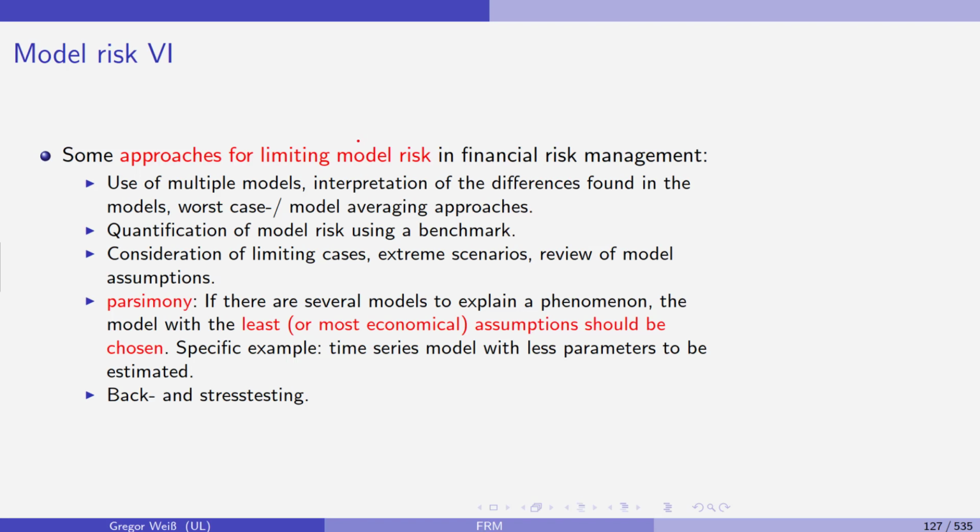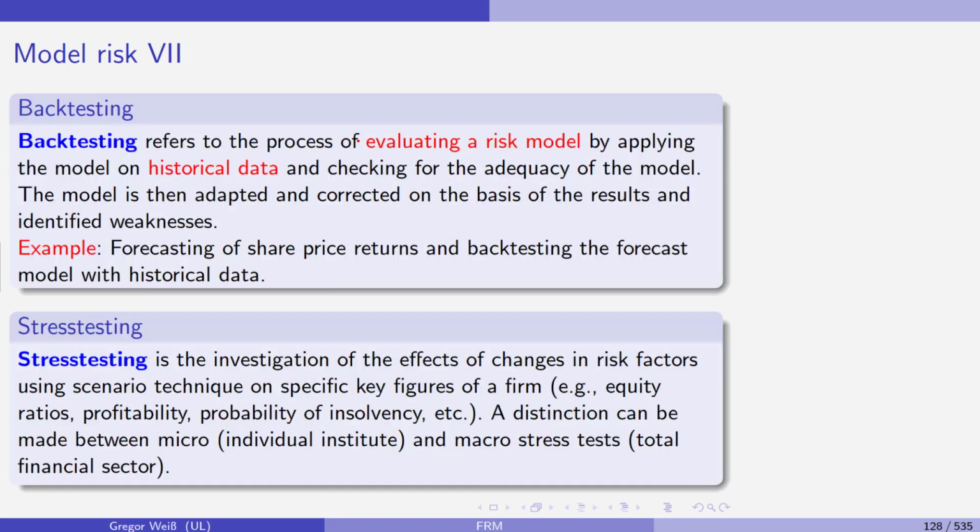If you have several models that can explain a phenomenon, use the model with the least assumptions and the lowest number of parameters, because by increasing the number of parameters, you are prone to make the error of overfitting. And then of course do backtesting and stress testing, which we'll see later on.